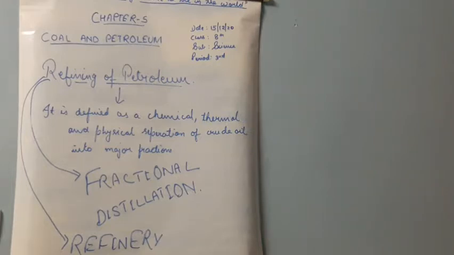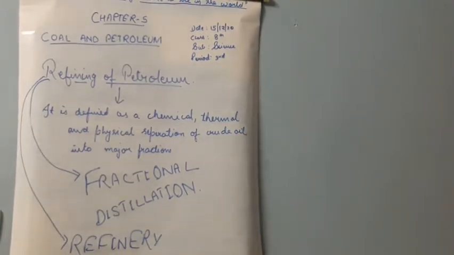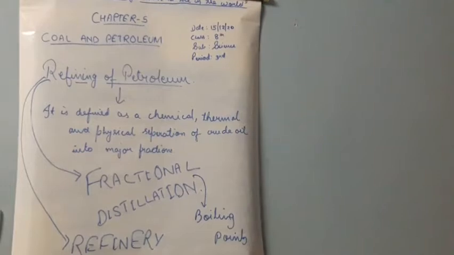So what is meant by fraction? Fraction means dividing something into different parts. So in this process of fractional distillation, the mixture of crude oil is separated into major fractions based on their boiling points.